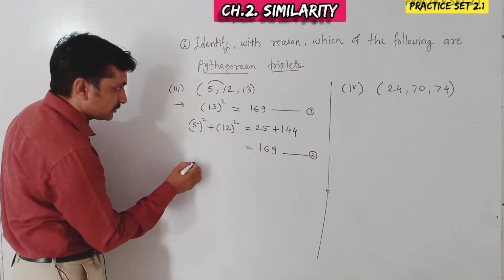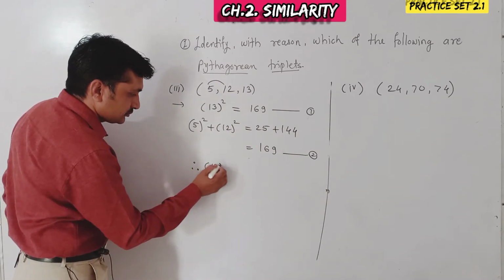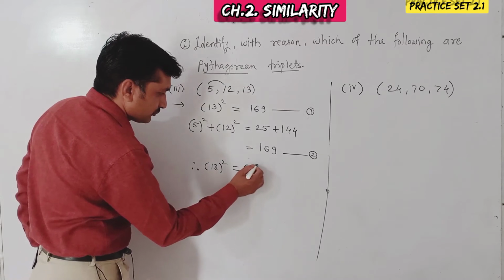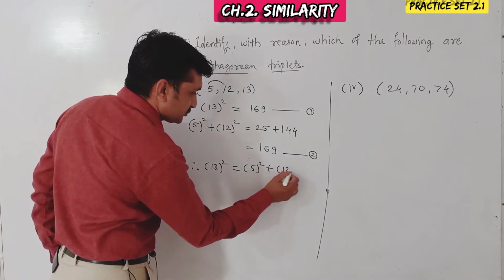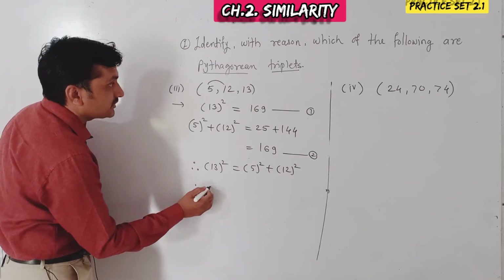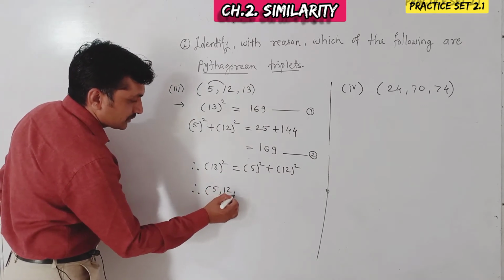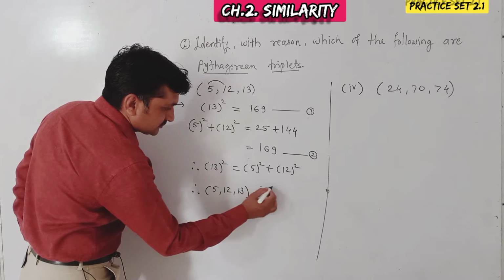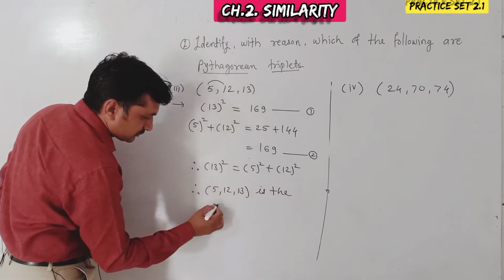Right sides are equal, therefore 13 square is equal to 5 square plus 12 square from 1 and 2. If both sides are equal, we can write here 5, 12, 13 is the Pythagorean triplet.